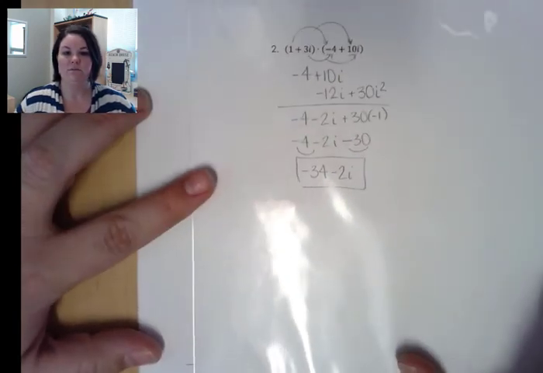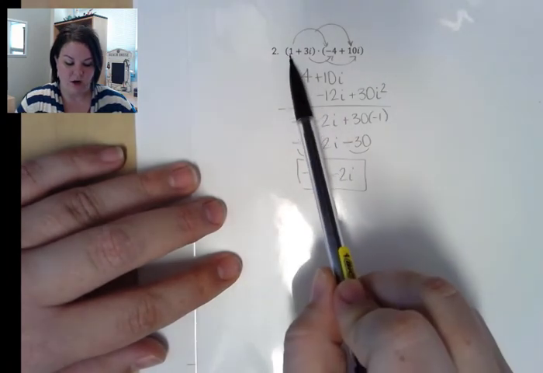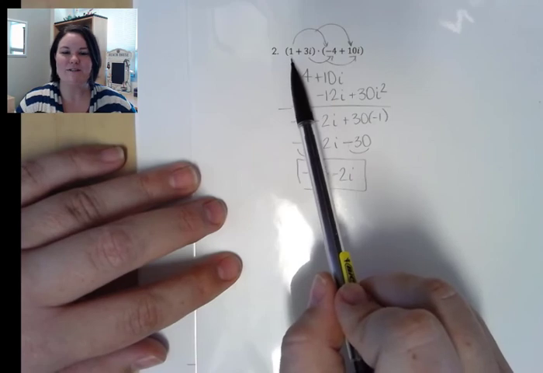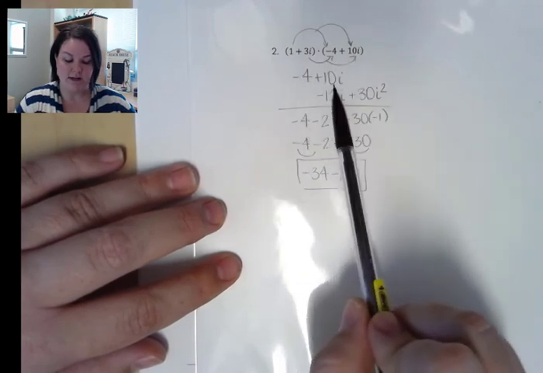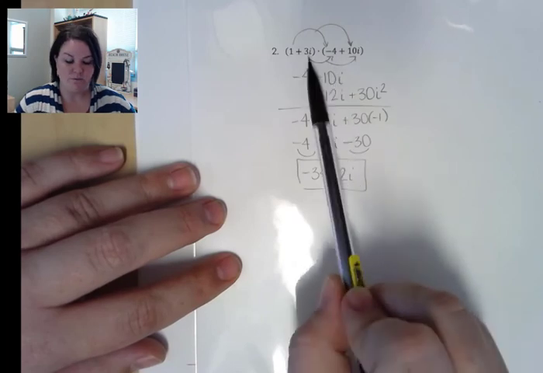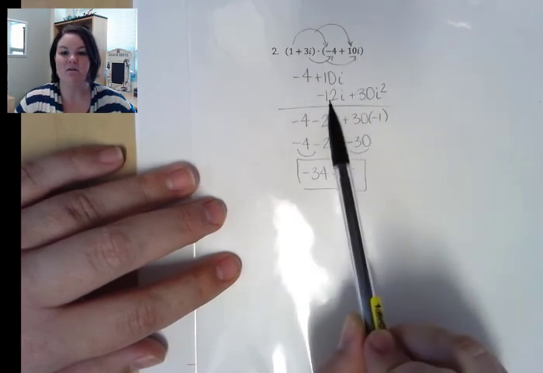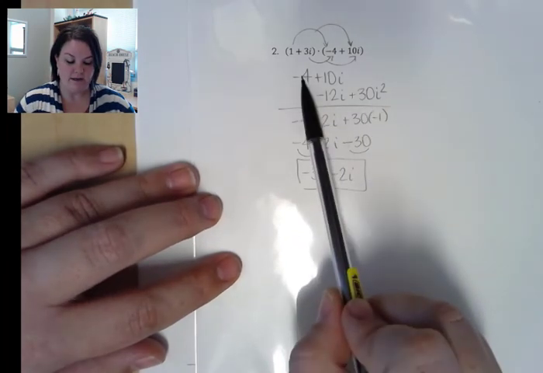The second one was a multiplication. So on our multiplication, when we distribute our 1 to the first quantity, we get negative 4 and plus 10i. And then when we distribute our 3i to both terms, you should get negative 12i plus 30i squared. Okay, so we want to go ahead and combine straight down.